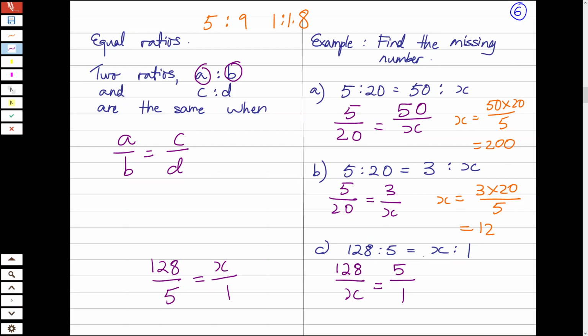Okay? So I'll just say either this or this both work. And if you take 128 divided by 5, I believe you will get 25.6.